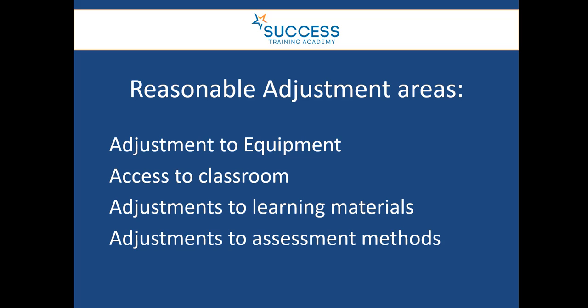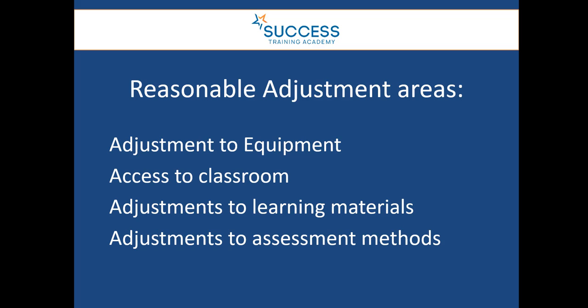Okay, making adjustments to the height of a desk, or if somebody's got back issues and maybe they've got a stand-up desk, or if they're in a wheelchair, then making sure that the wheelchair can fit under the desk and all of that. Okay, access to classroom. You certainly want to make sure that there's a ramp to get into the classroom.